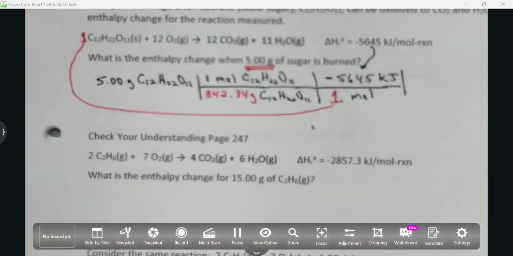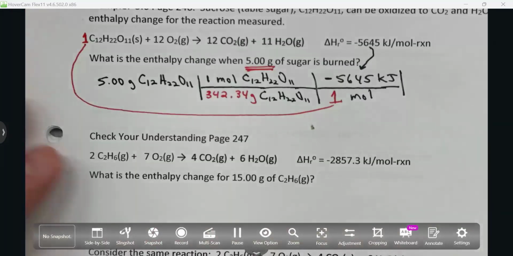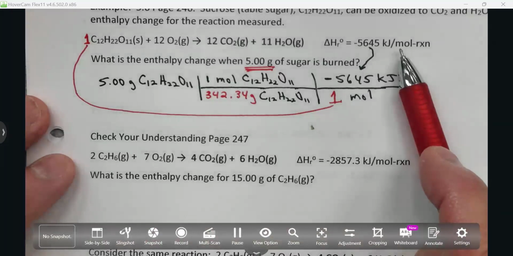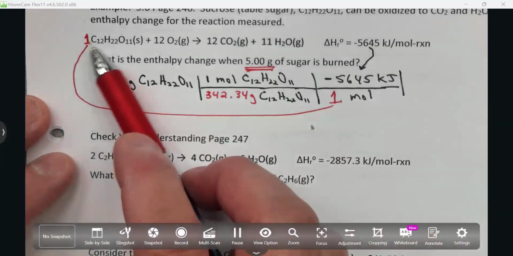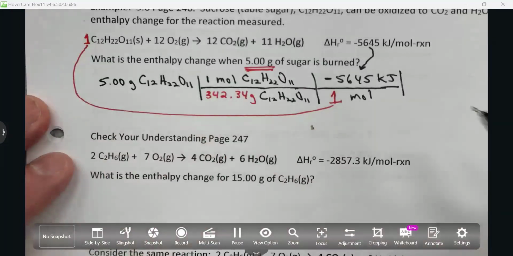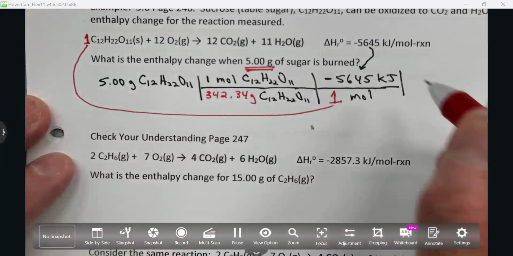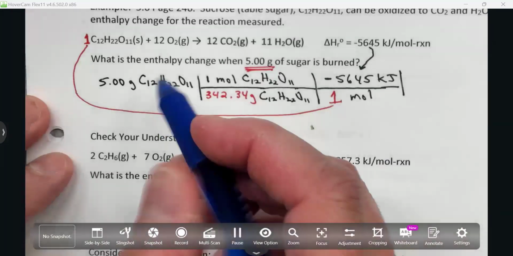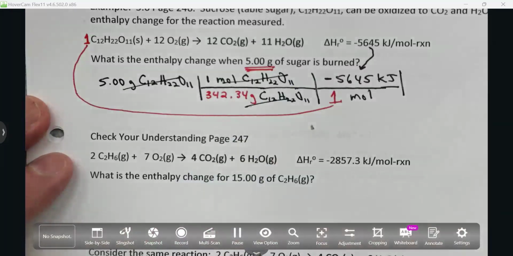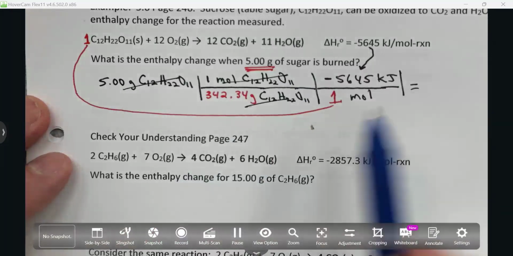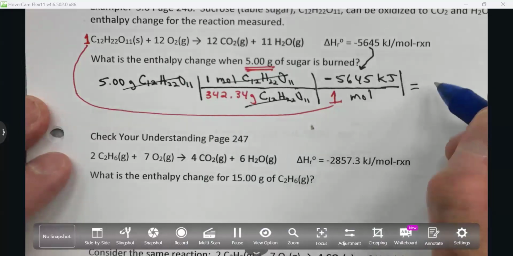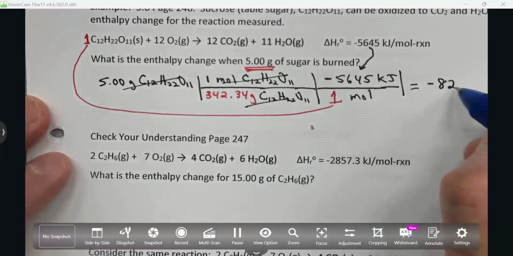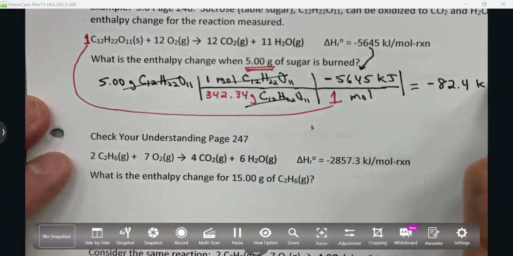We got to keep track of this is in kilojoules per mole. So my grams cancel out, my moles cancel out. This would be minus 82.4 kilojoules I would get out.